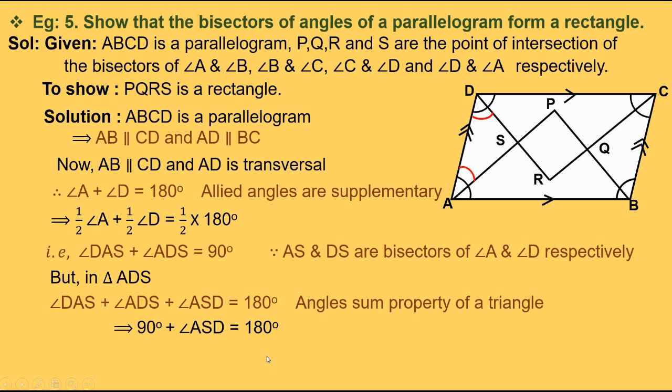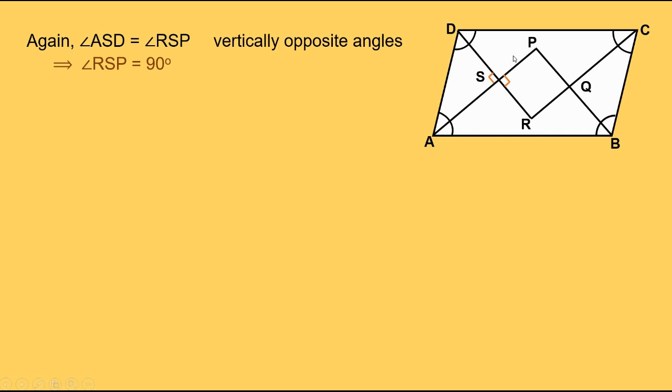Transposing 90 degrees, we get angle ASD is equal to 180 degrees minus 90 degrees. Therefore, angle ASD is equal to 90 degrees. Again, angle ASD is equal to angle RSP, vertically opposite angles. Therefore, angle RSP is equal to 90 degrees.